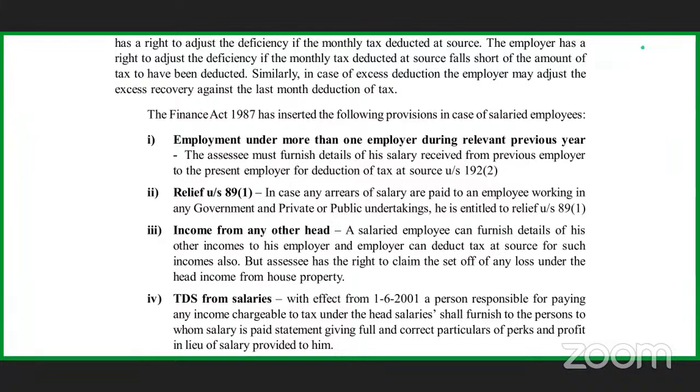Next, income from any other head means any salaried employee can furnish details of his other incomes to his employer, and the employer can deduct tax at source. For example, I receive an income from salary.